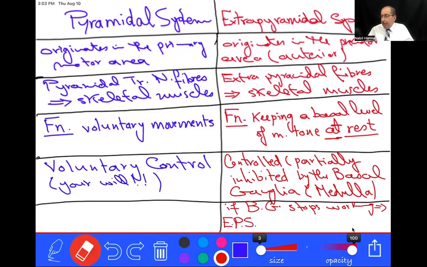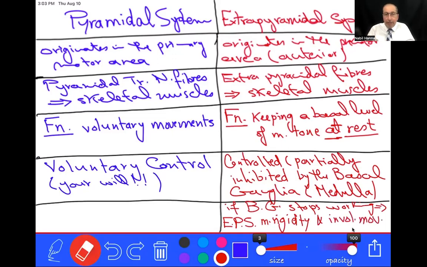EPS is the abbreviation for extrapyramidal symptoms. And these extrapyramidal symptoms are muscle rigidity, which means increased muscle tone at rest, and involuntary movements.